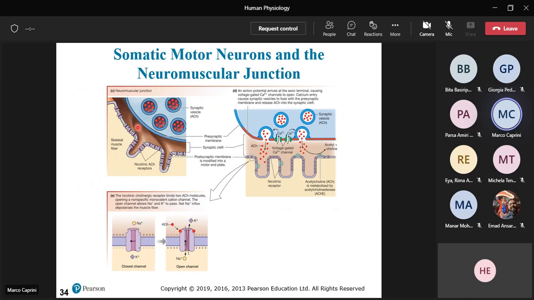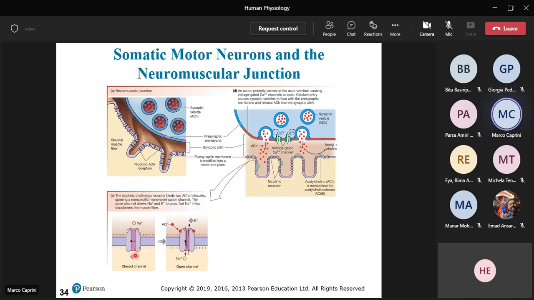Why? Because the nicotinic acetylcholine receptor creates an open channel as soon as the acetylcholine binds to the receptor. It is an ionotropic receptor, and the ions can flow inside.